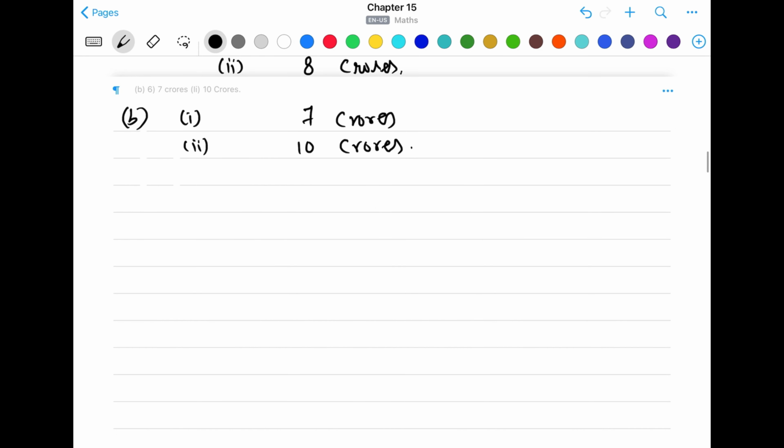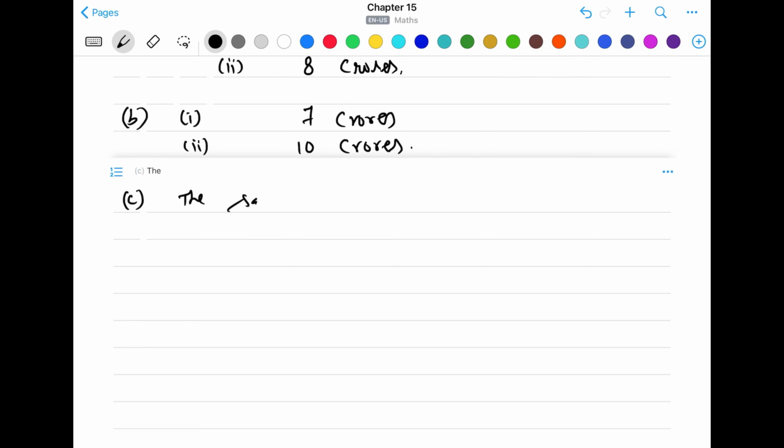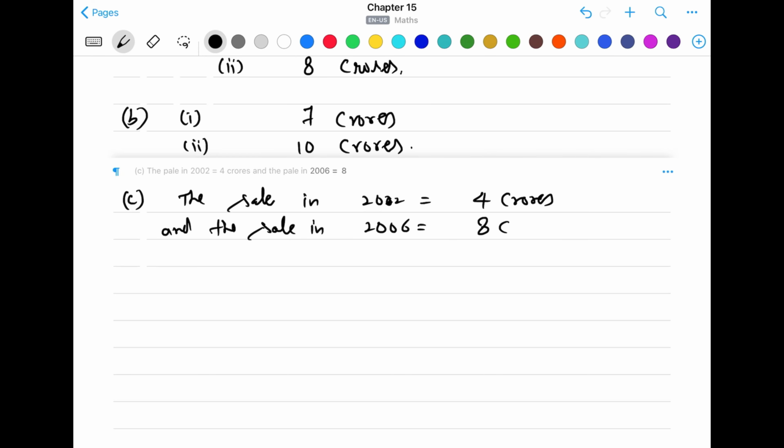Let's write its answer. The sale in 2002 is equal to 4 crores, and the sale in 2006 is 8 crores.